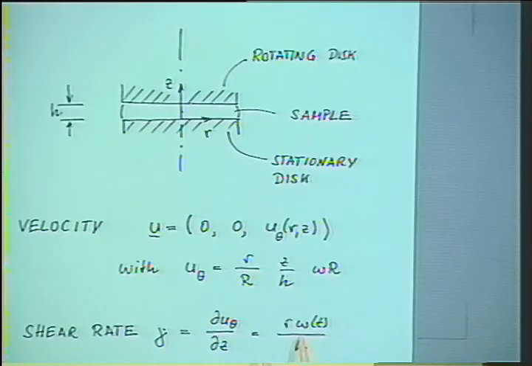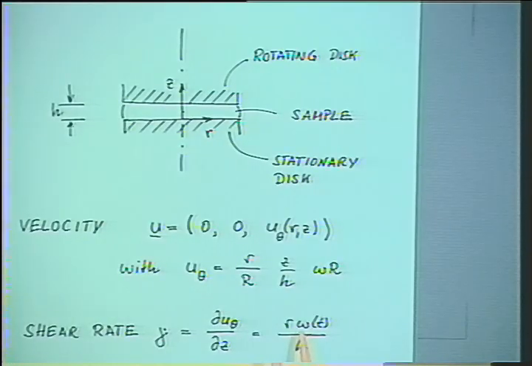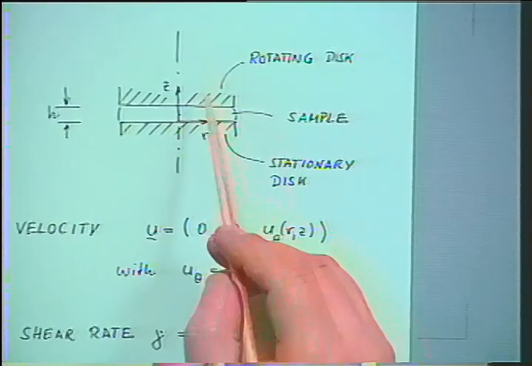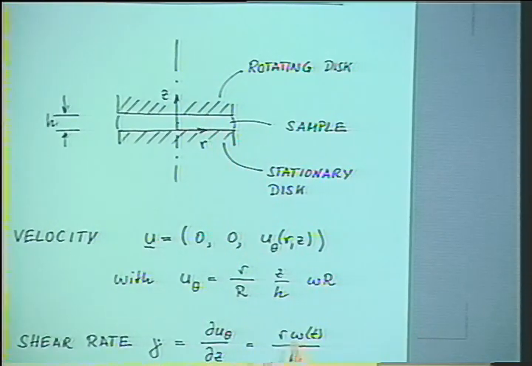So we would have the top plate moving at the velocity r, would be a local position here, r, times the angular velocity of the top plate. That's what our motor, the drive, will give us. This omega is a function of t, divided by spacing h.